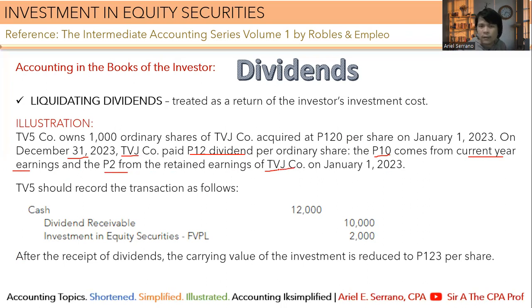Okay, now, in this case, class, yung 2 pesos will be a return of capital. So, dito, magde-debit tayo ng cash. Magkano yun? 12,000, 12 peso times 1,000, magki-credit tayo ng dividend receivable, okay?